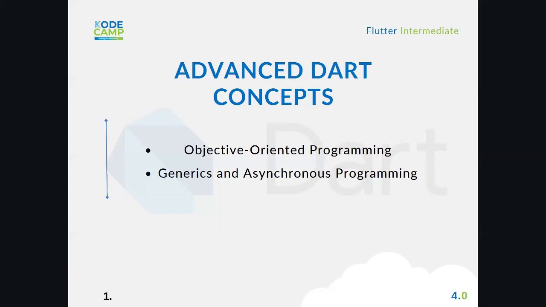A method describes the behavior of an object. And attributes represent the state of an object. So these are four things you need to keep in mind when working with OOP: classes, objects, methods, and attributes.